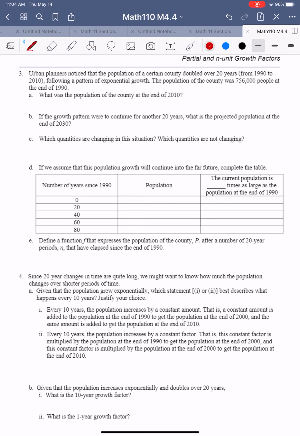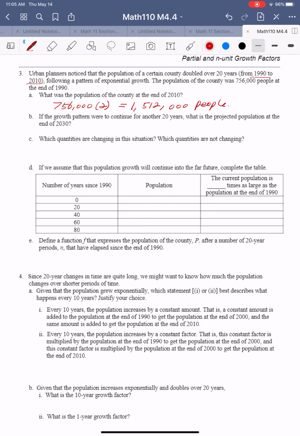So we are checking the problem from 1990 to 2010, right? The population was 756,000, and it doubles. So I got 1,512,000 people.